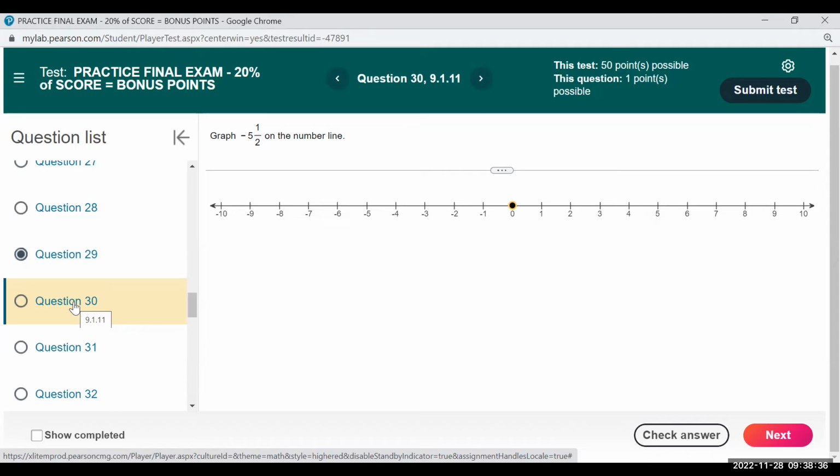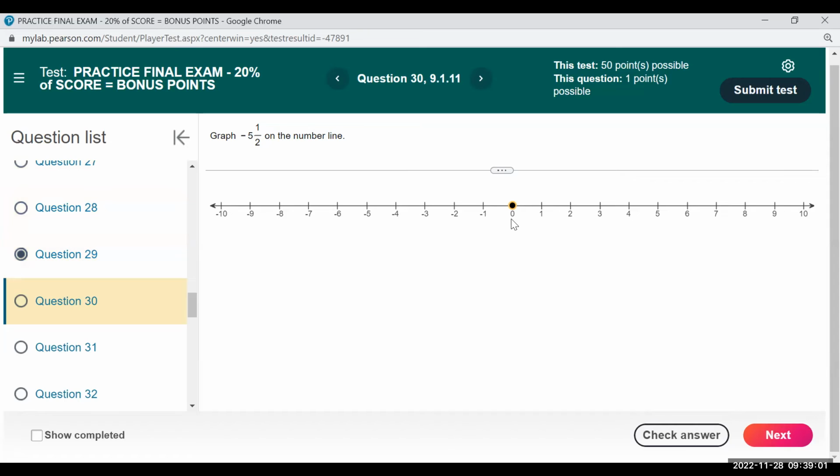Graph -5 and 1/2. So where would negative 5 1/2 be?